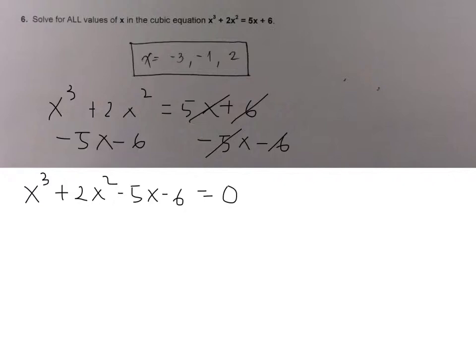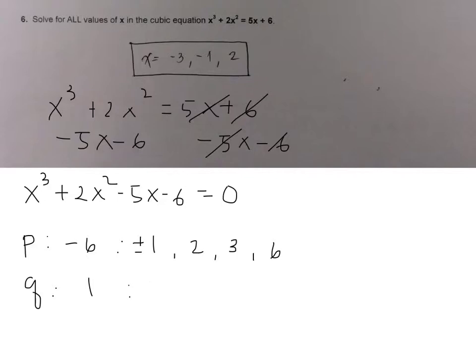Okay, so we'll be using synthetic division again, but let's identify the values of p over q. We can do that by identifying p and q. The p here is negative 6, the q is 1. Then we select the factors of 6: 1, 2, 3, 6 together with the negative numbers.